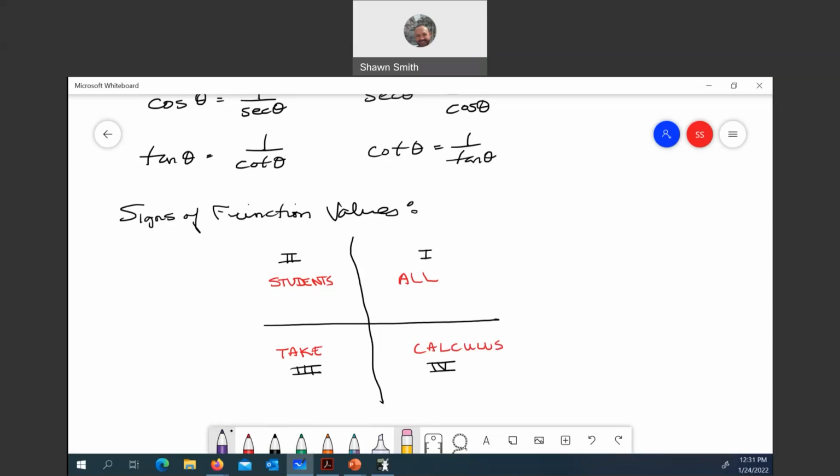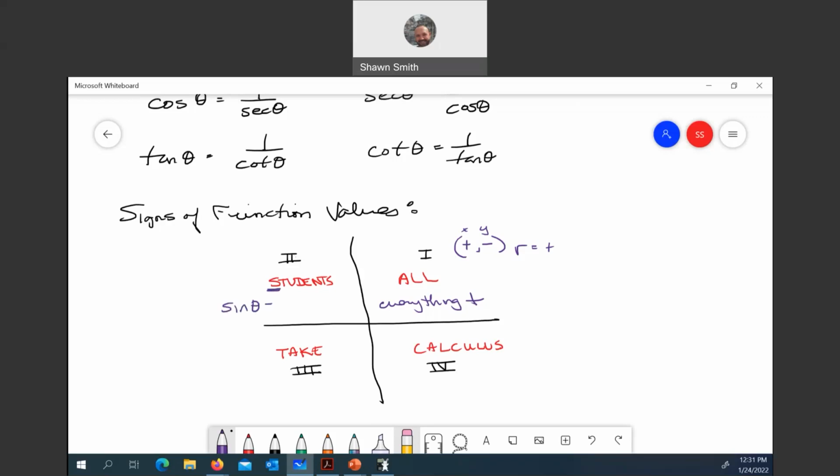Quadrant 1, everything is positive. All is positive. Think about it too, because your x is positive, your y is positive, and r is always positive, right? In quadrant 2, the S stands for sine.